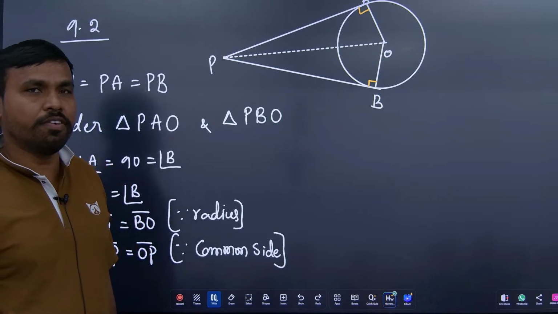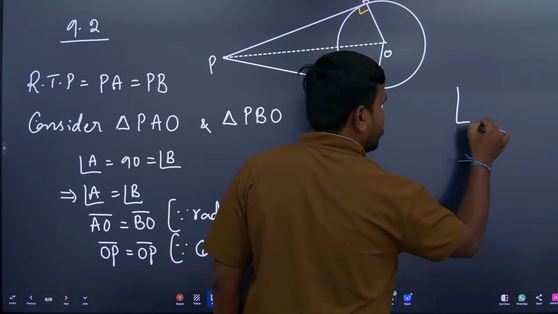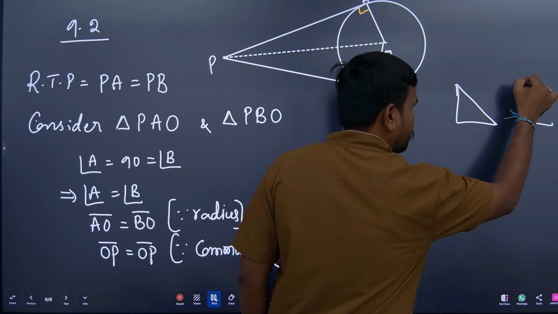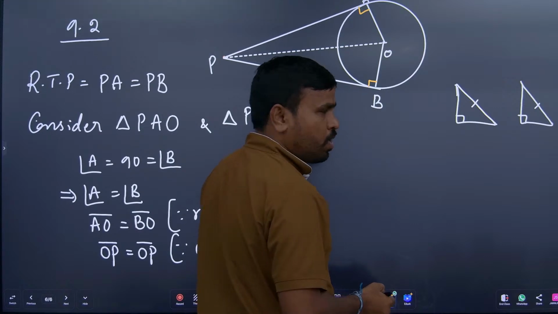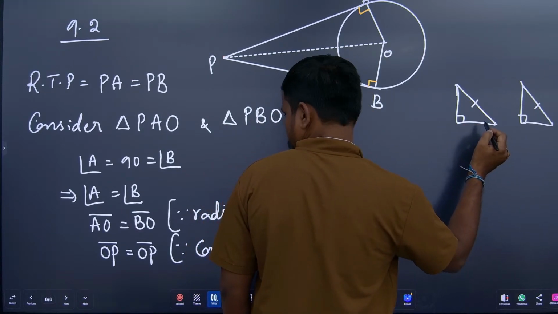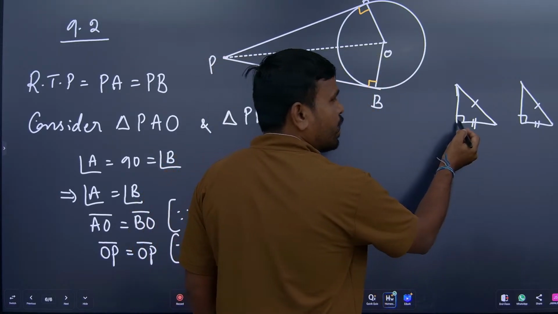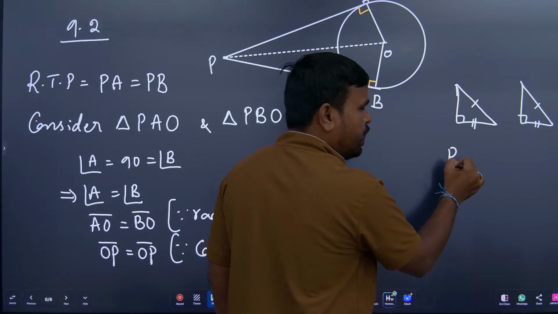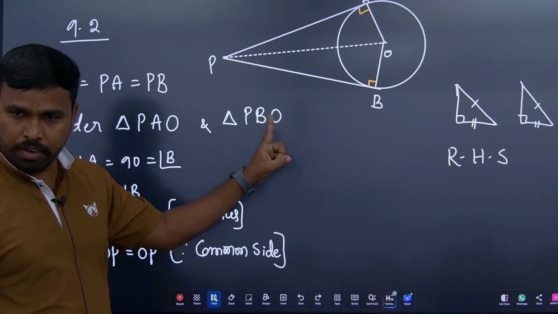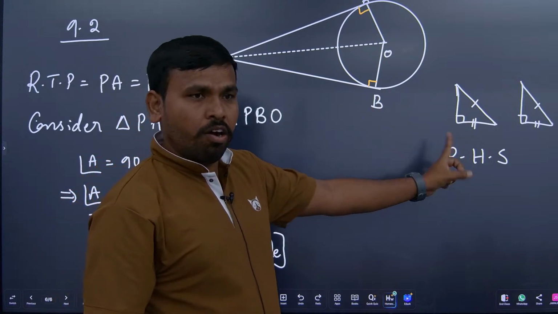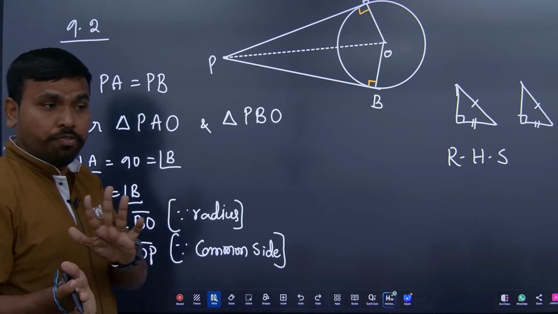In two right angle triangles, if the corresponding hypotenuses are equal and one of the sides is also equal, that is right angle, hypotenuse and side. If the right angle, hypotenuse and side of one triangle are equal to those of another triangle, then the two triangles are congruent.